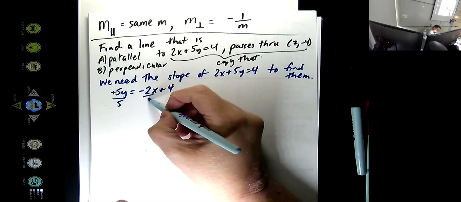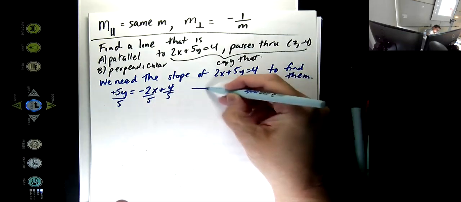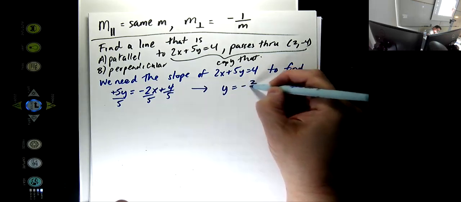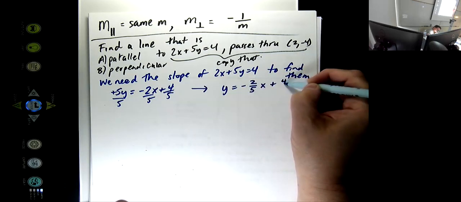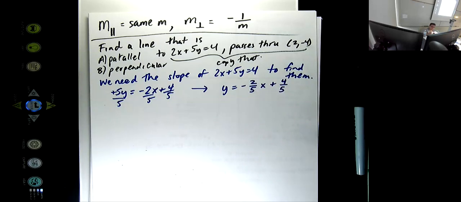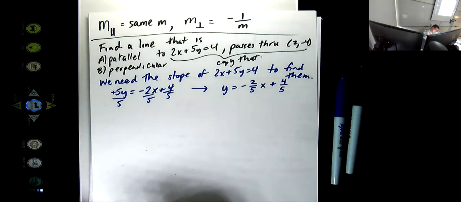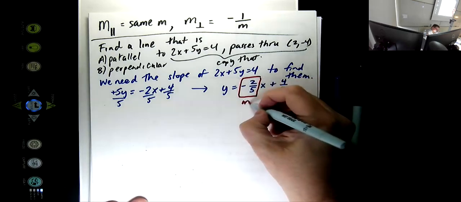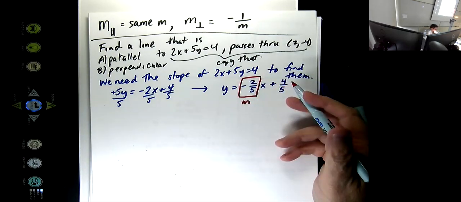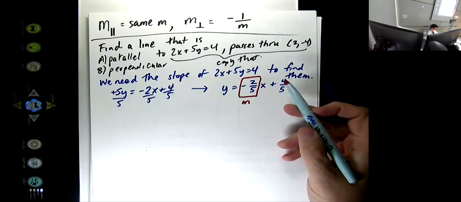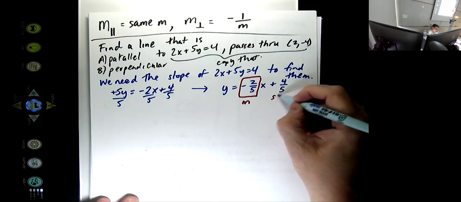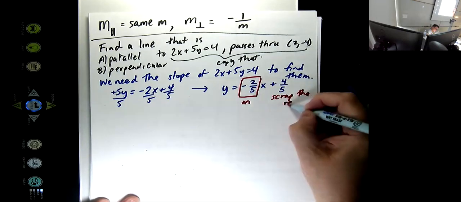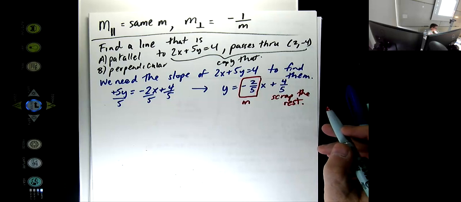We divide by 5 and we get y equals -2/5 x plus 4/5. This is the only thing we care about from that piece. That's m. We can scrap the rest of the equation. Students notoriously like to try to use that in the next part, and it doesn't work.